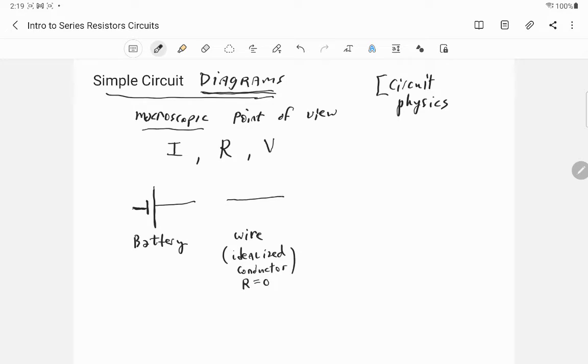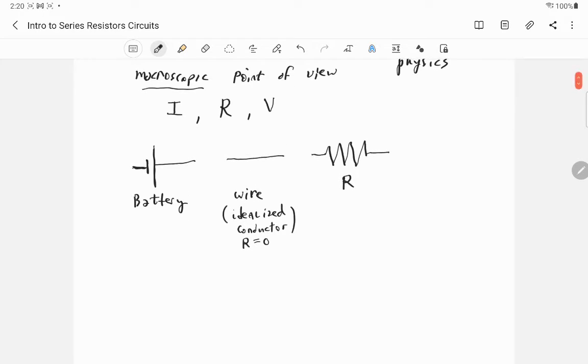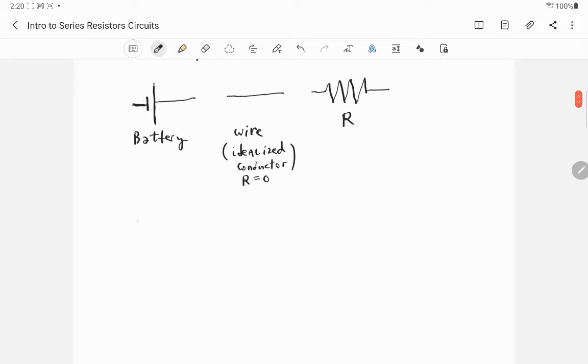So this is a wire, it's a perfect conductor, no resistance. But this right here is the circuit diagram for a resistor. All right, so we use wires to connect batteries to resistors. So here's a very simple diagram or a simple circuit.